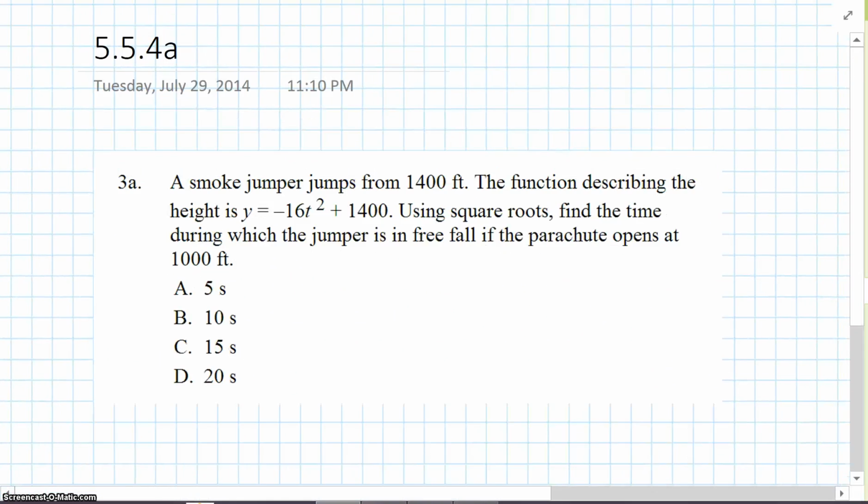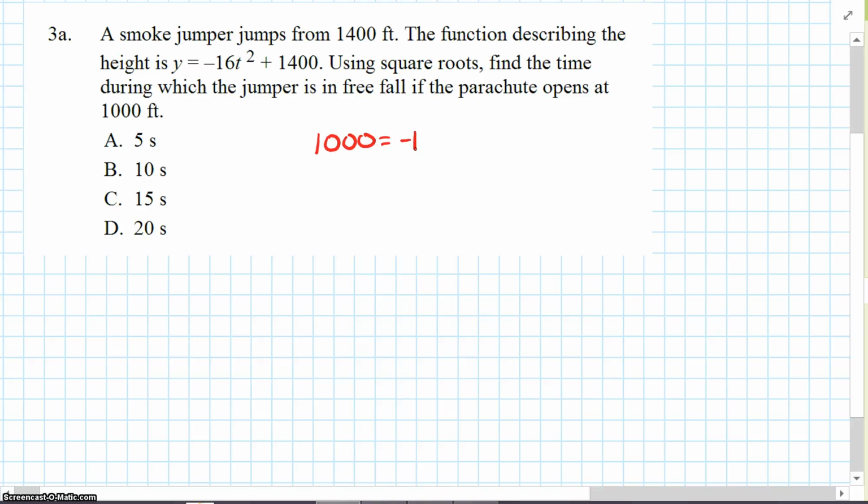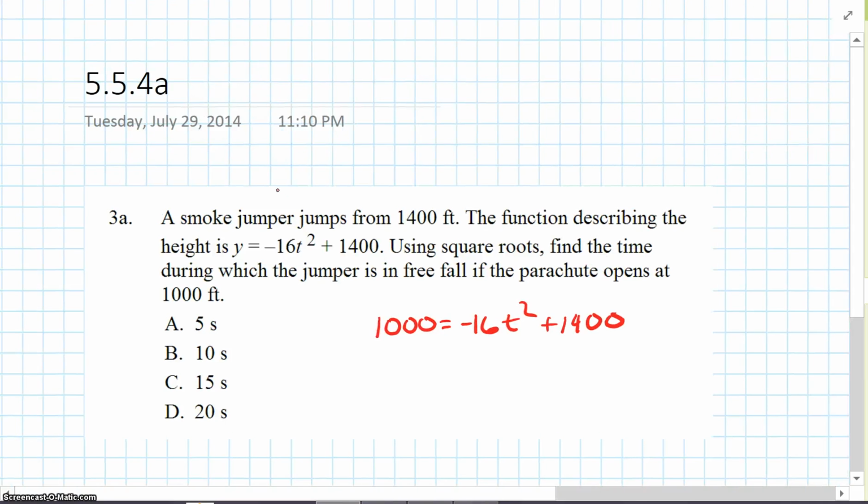Alright, same concept. The smoke jumper is going to jump from 1,400 feet. Find the time in which the jumper is in free fall if the parachute opens at 1,000. So our y value would be 1,000. So we could rewrite this as 1,000 equals negative 16t squared plus 1,400. Subtract 1,400 each side.